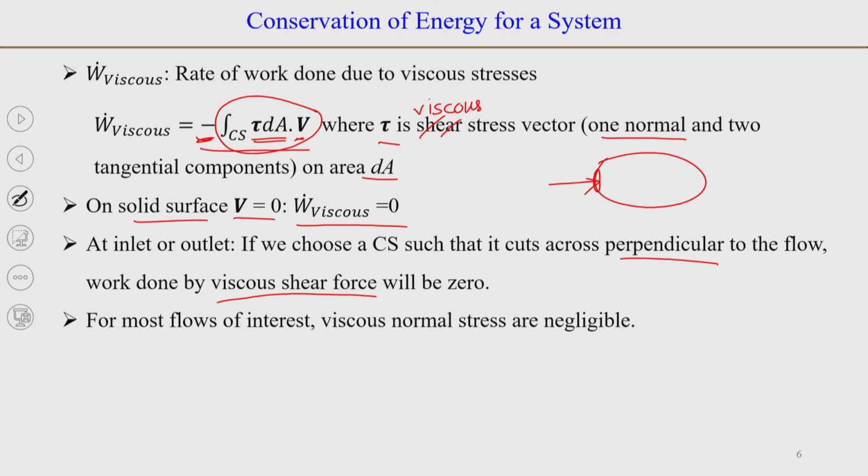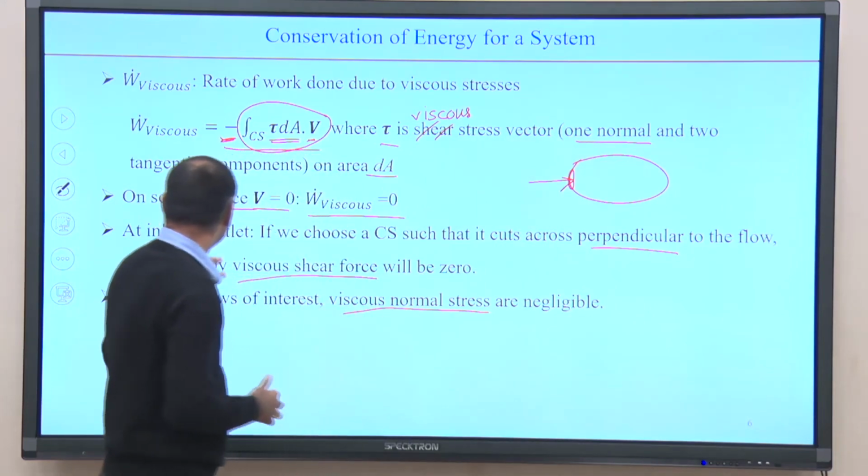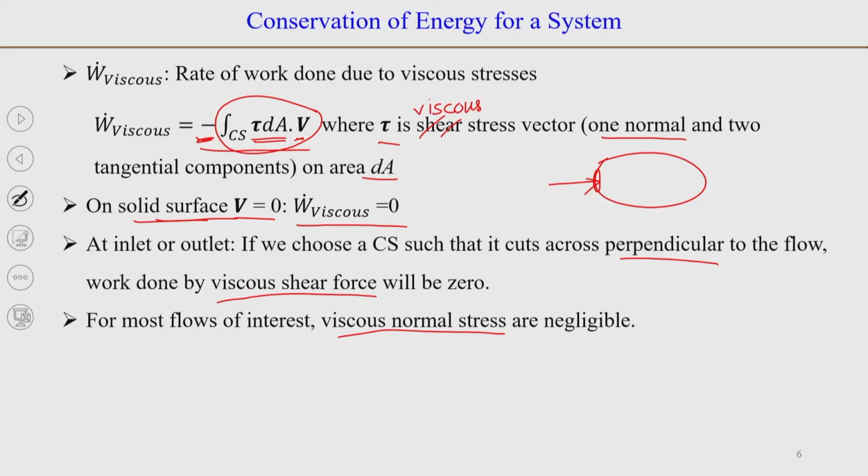As I said earlier, the viscous normal stresses are often negligible for most of the flows that we are going to look into. So, we can neglect viscous normal stress, and for these 2 cases, where the control surface is a solid surface or the velocity is normal to the control surface, the rate of work done by viscous stress is 0.